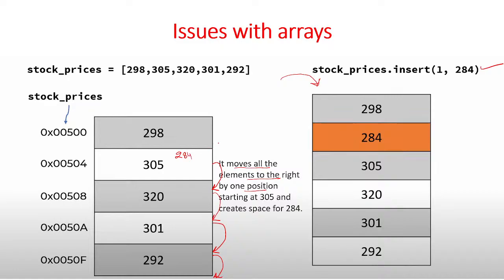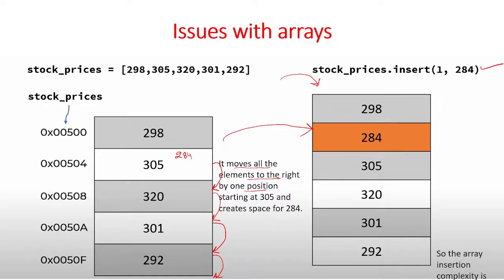After inserting this, this is the memory diagram of the new stock prices array. This is how it looks. You may ask what the problem is, since internally it is taking care of it. So why do we need to worry about this?